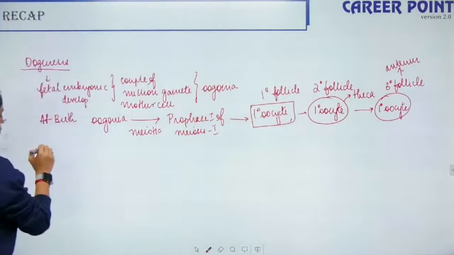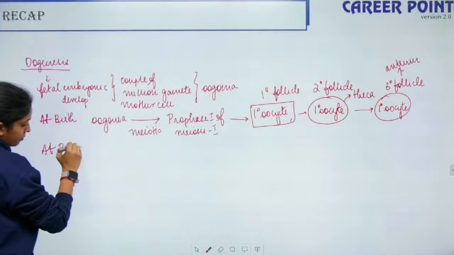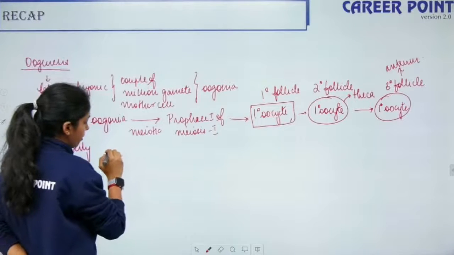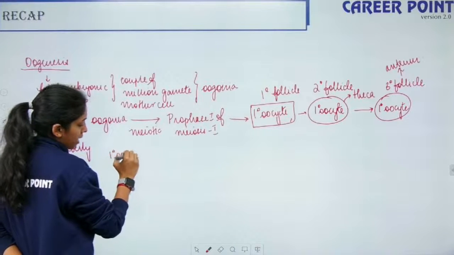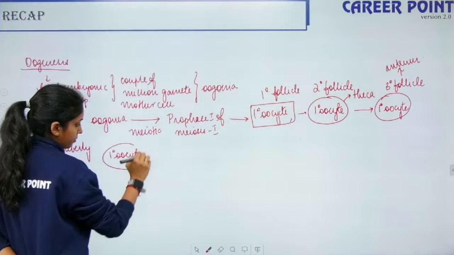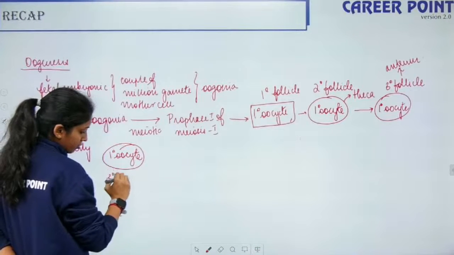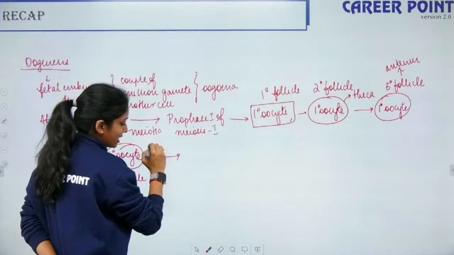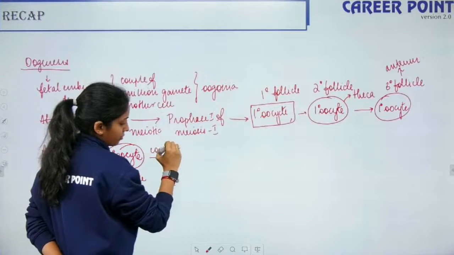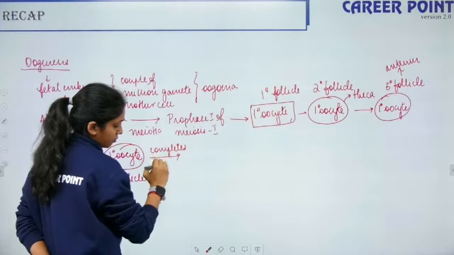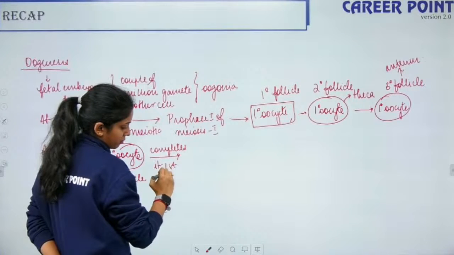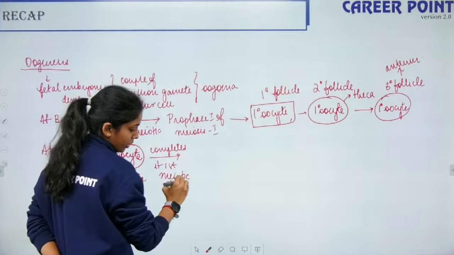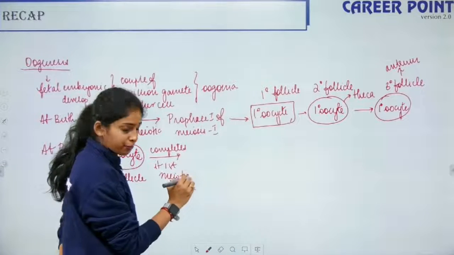At the time of puberty, you have your primary oocyte surrounded by the tertiary follicle. It completes its first meiotic division, which was arrested at birth.